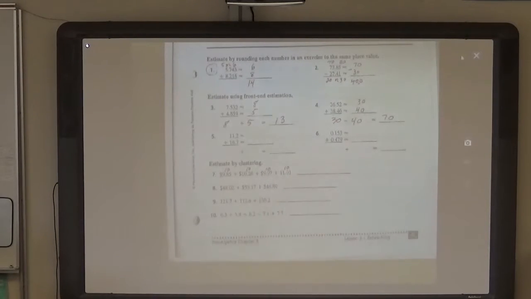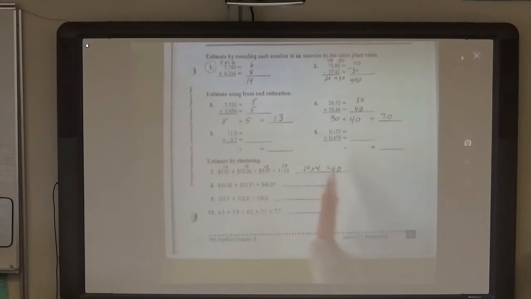Some of them are a little higher than 10, some of them are a little lower than 10. So 10 is a good average, you might say. And then 10 times 4 equals 40. And that's what I want you to write on the line. Because clustering involves rounding them all to the same number and then multiplying. So write down 10 times 4 is 40.